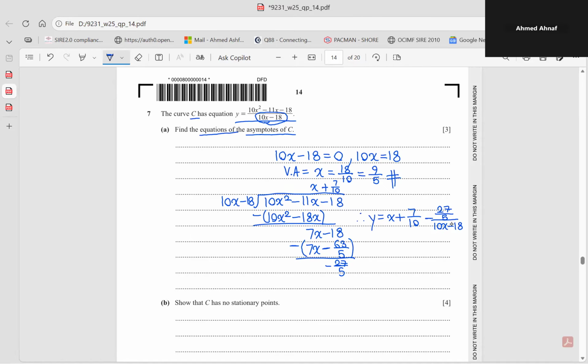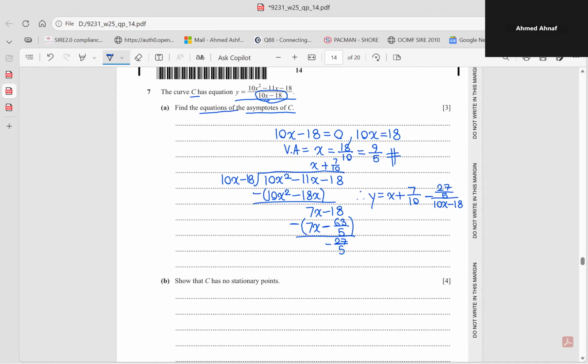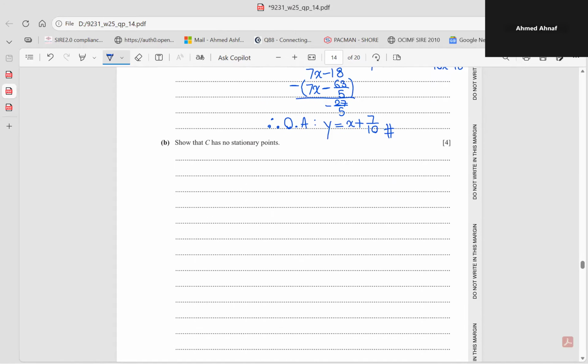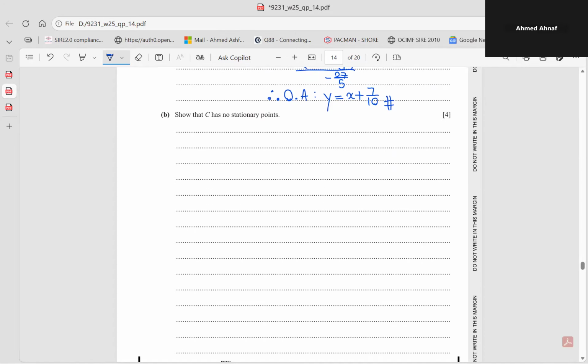So this part you can ignore. Therefore, the oblique asymptote is just y equals x plus 7 over 10. For oblique asymptotes, once you do the long division, you just take the quotient. So these are the final answers for the first part. Let's move on to the next part.